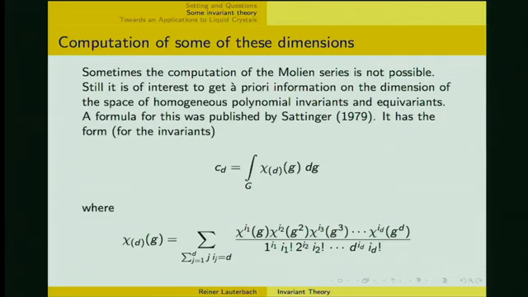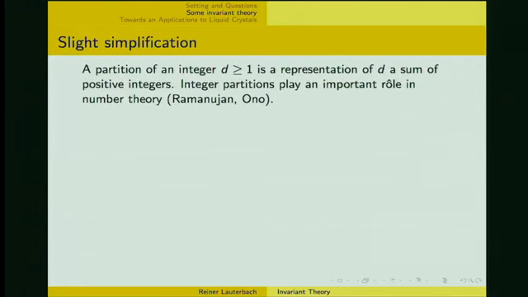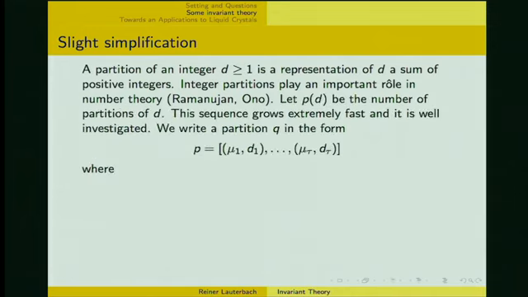This looks horribly complicated, I find, and there's a slight simplification if you use integer partitions. If you take an integer and you look at the partitions of this integer into sums of non-negative integers, this is a topic which is very hot in number theory, and the number of partitions of a given d is an extremely fast growing sequence.